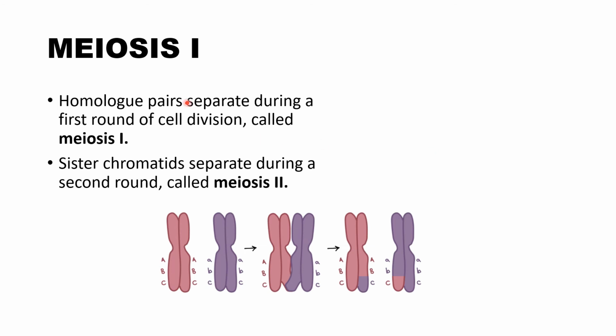So, in meiosis 1, di ba, dito magse-separate yung homologous pair or homolog pairs na tinatawag. So, yung homolog pair separates during the first round of cell division. So, sister chromatids separate during a second round. So, makikita dito, before entering or sa start ng meiosis 1, yung cell must first go through yung interphase.